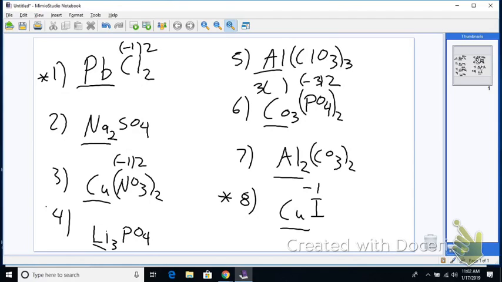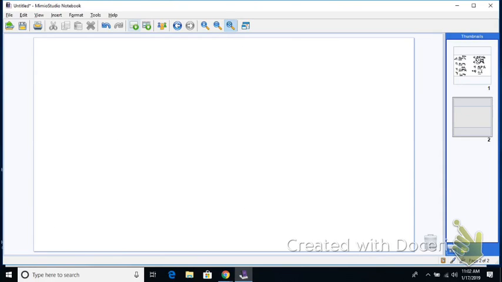Now, the last type of naming, on page 183, is molecular compounds. In binary molecular, we're going to have two nonmetals hooked together. I'm going to give you two sides.